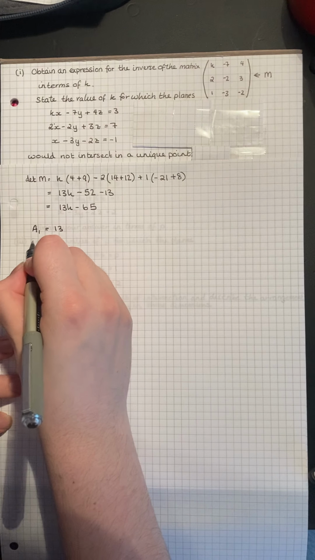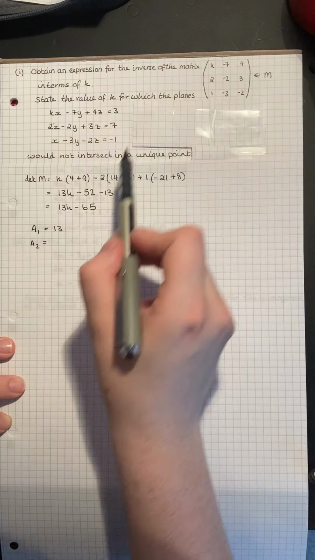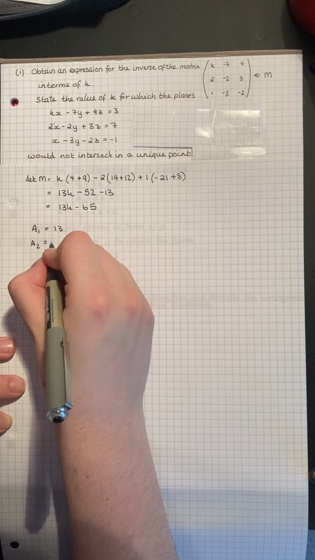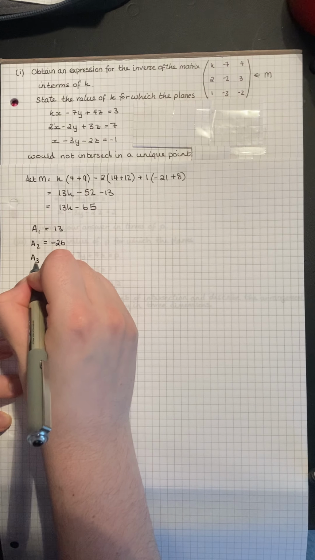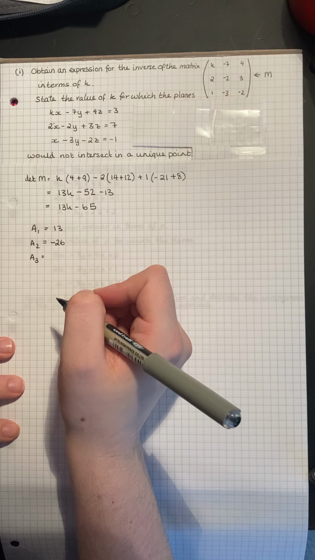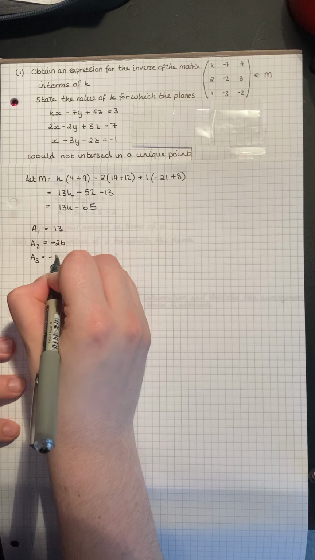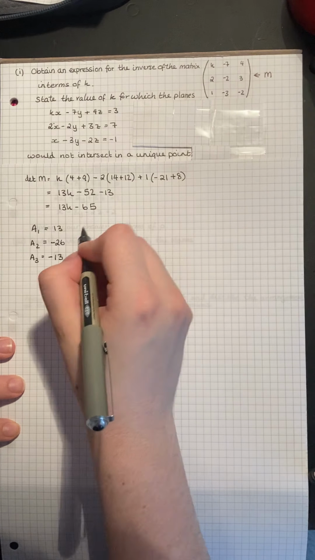A2 is what you get there, so that's this one, 26, or minus 26, because we remember that minus sign is actually part of it. Then A3 is going to be your minus 13. Okay, then let's do the B's, so that's the second row.